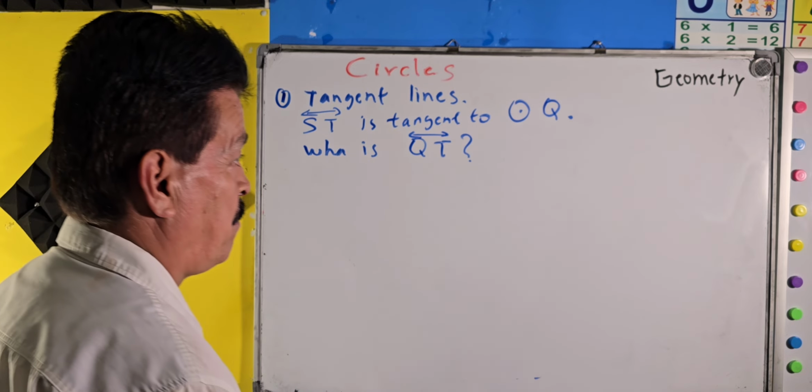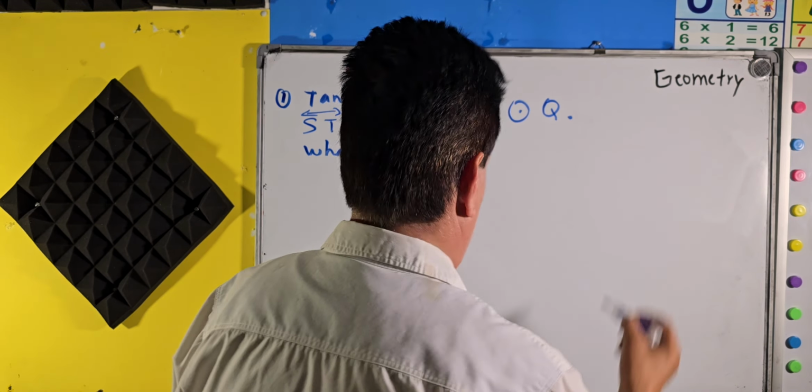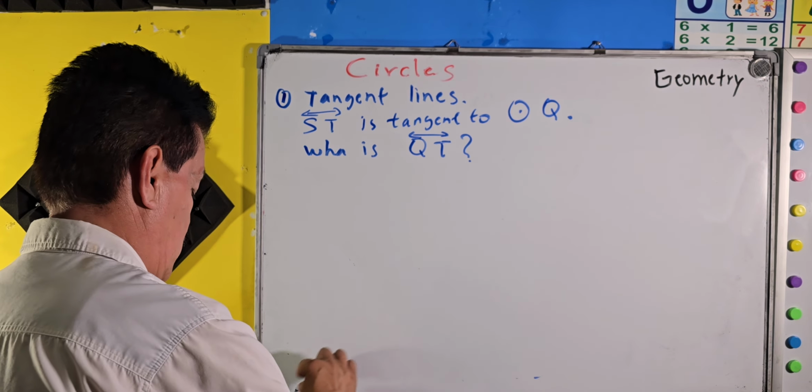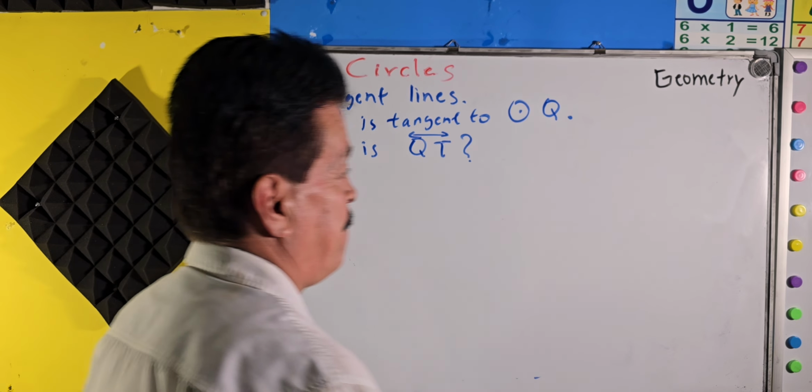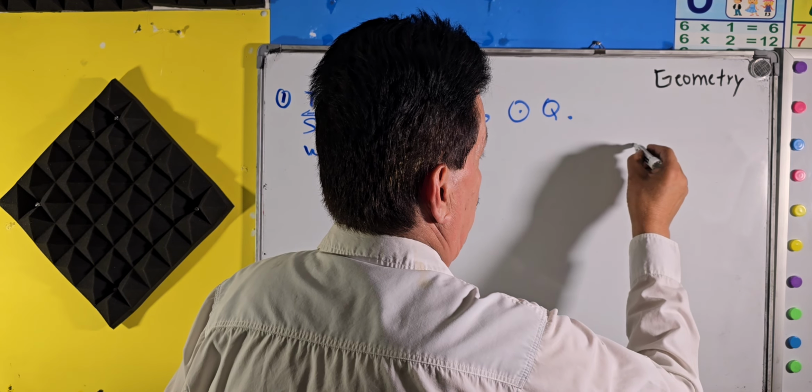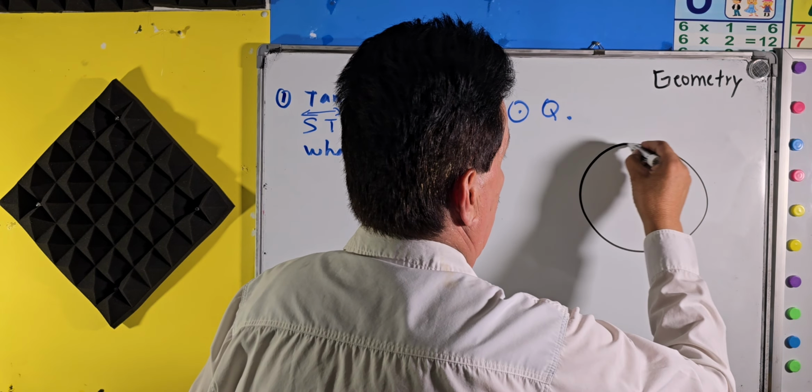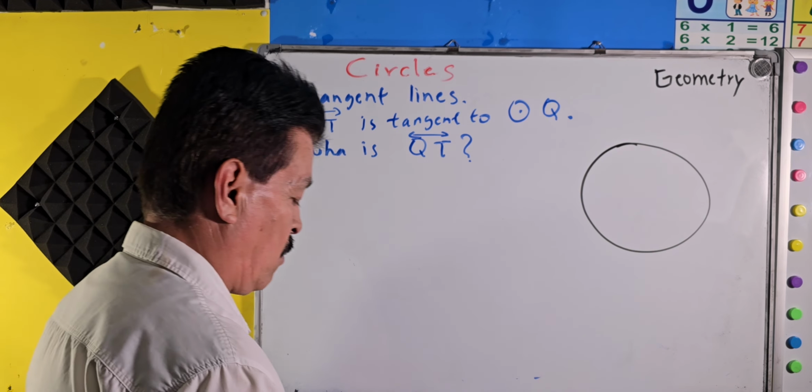So let me make the picture. Let's use another color. I make a circle right here. It's a circle, all right?